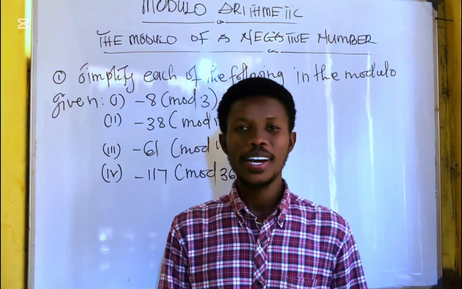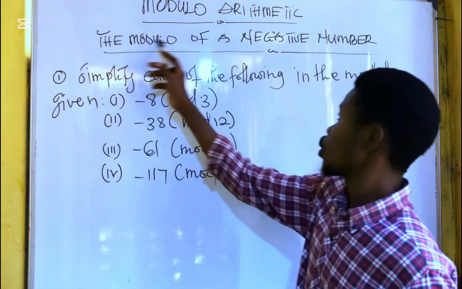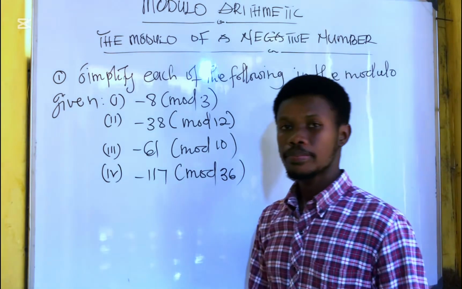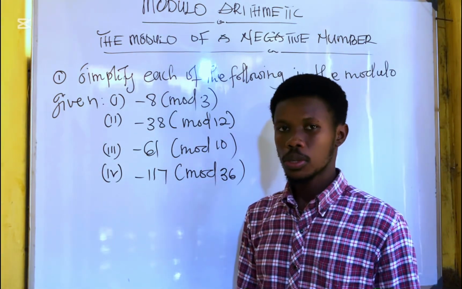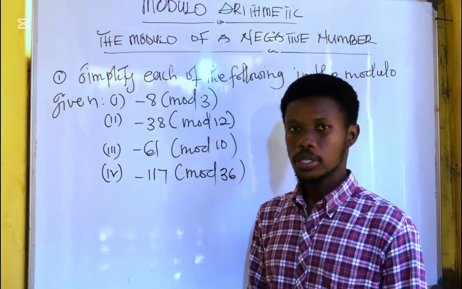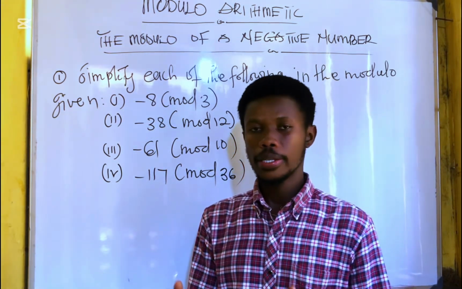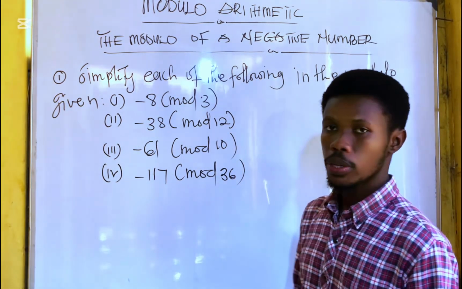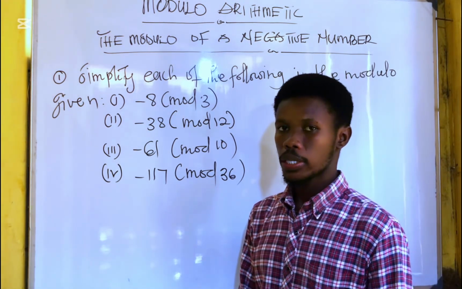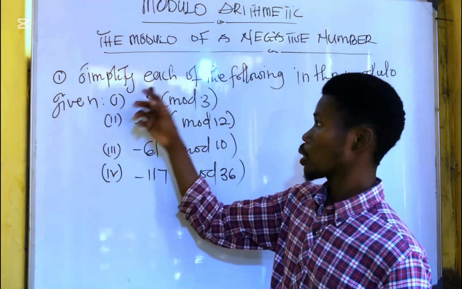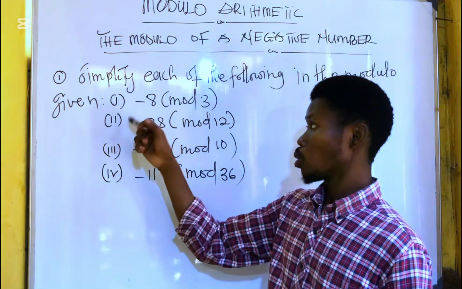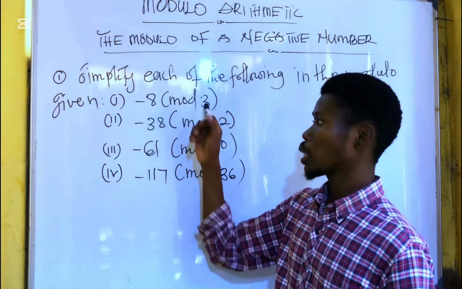Okay, so now let's look at the modulo of a negative number. We just talked about positive ones. We are just going to look at the modulo of negative numbers. How do we simplify such moduli? So let's say, simplify each of the following modulo given. So we have negative 8 mod 3.